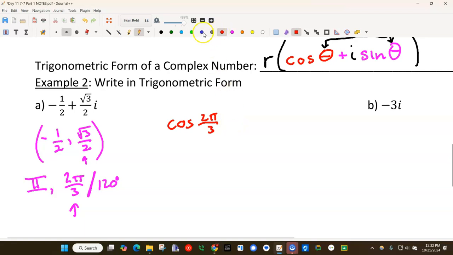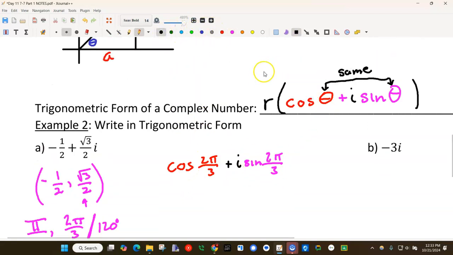Right? And then plus i sine 2 pi over 3. So these thetas are the same angle. There's only one angle in each problem, so these two are always the same. All right, so that's the first thing.